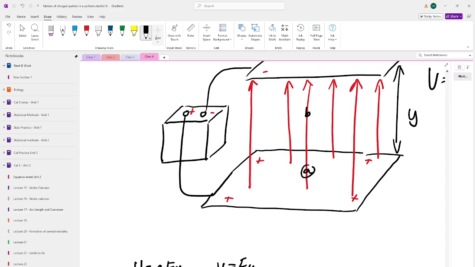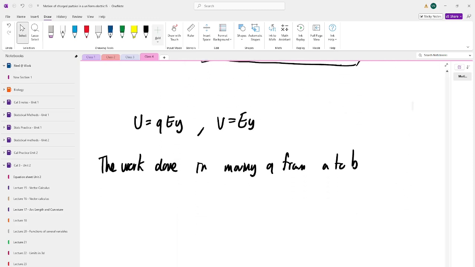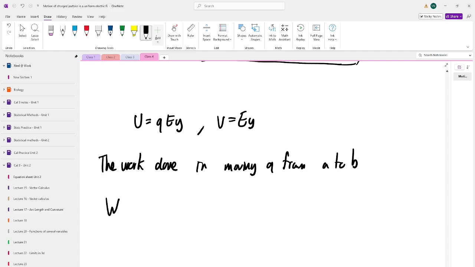And I want to move to point B. The work it will take me to move from point A to B, we can calculate using these equations, right? So the work, let's call it A towards B, we could say is UA minus UB. Remember, it's always U1 minus U2, right?